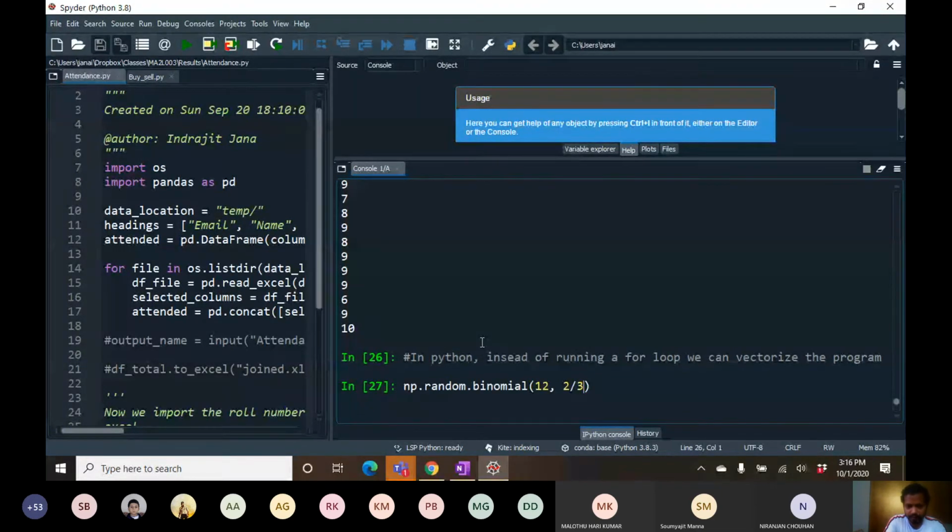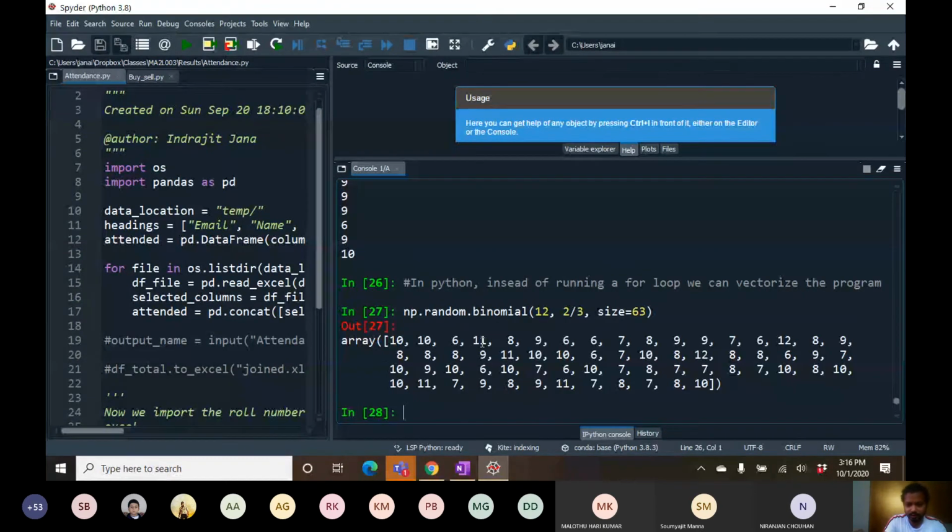I call this function np.random.binomial 12, 2/3, and if I specify the size here itself, so if I say size equal to 63, it will give me 63 outputs. I do not have to always run a for loop. This kind of functionality is built into many of these modules, so you can just specify the size, and it will give you the 63 outcomes.